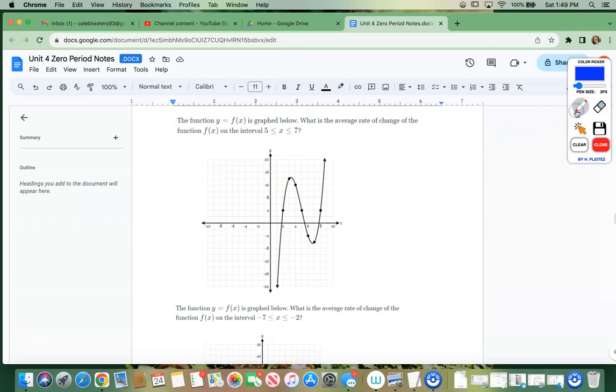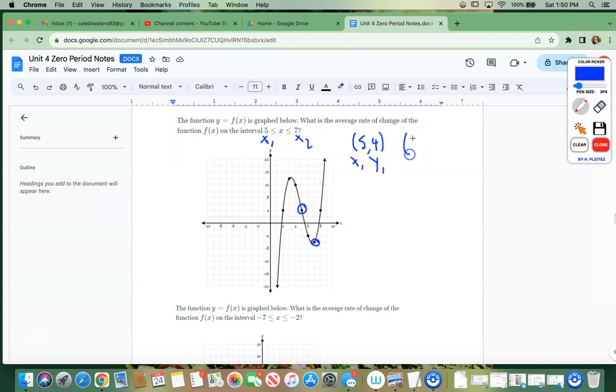Alright, so for this one, looks like 5 to 7, so x1, x2. 5 was right here, so that was 5, 4 was x1, y1, and then 7 was right here. That looks like that's at -6.